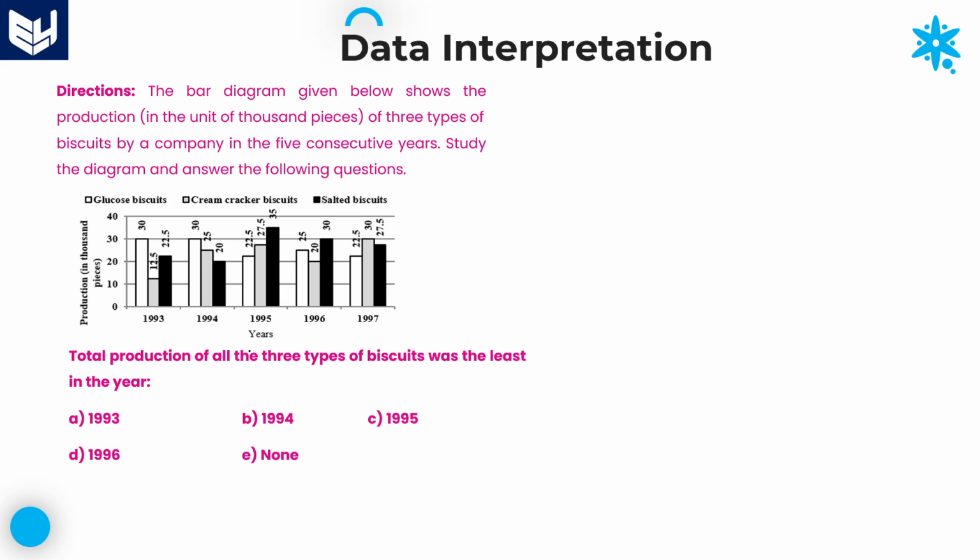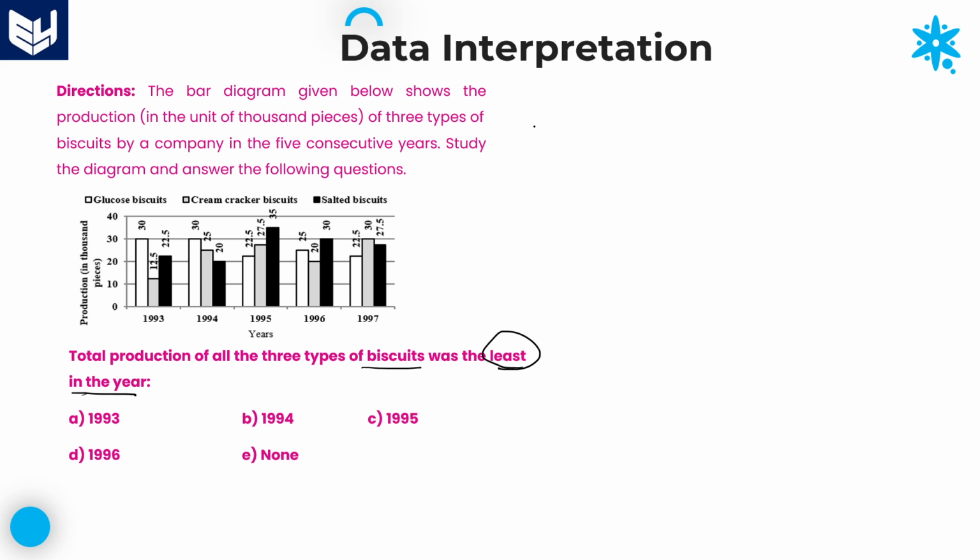Let us look at the third question. The total production of all three types of biscuits was least in the year? Here the question is, the total production of all three types of biscuits is least in which year?